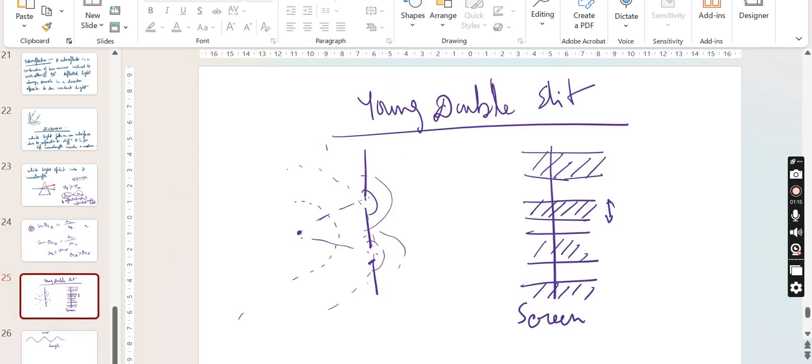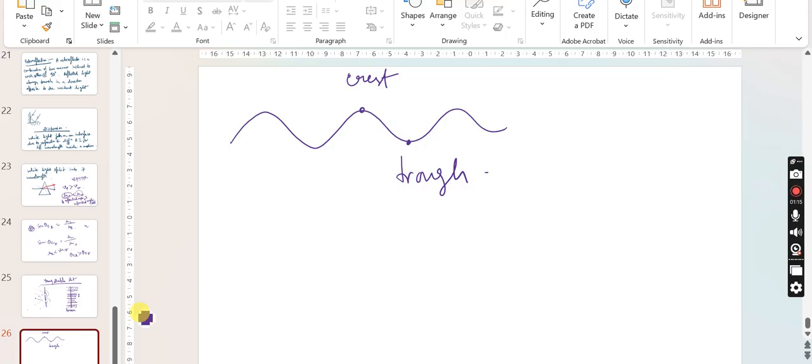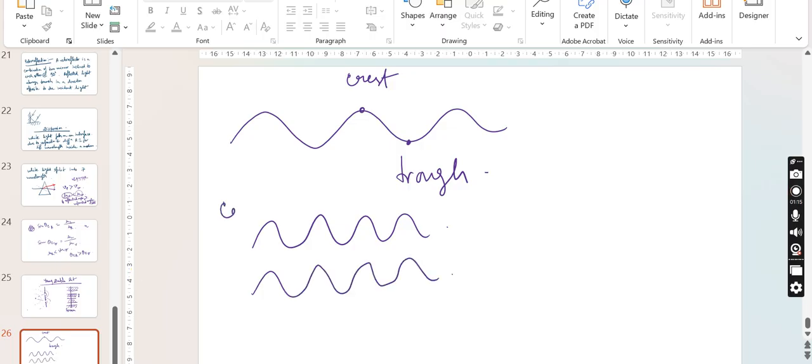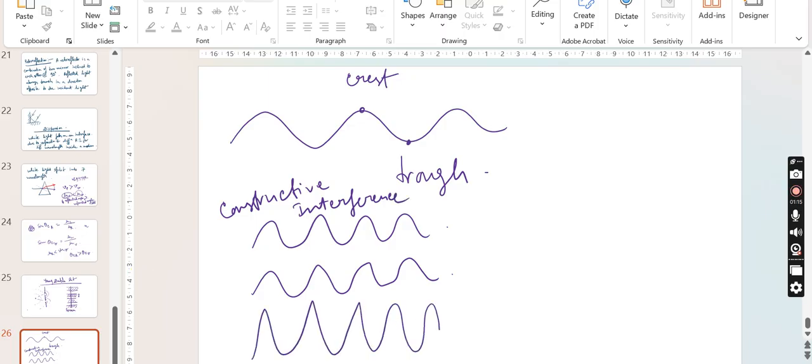It has been portrayed beautifully in the PPT of the class that if two waves interfere constructively, we will get this result.